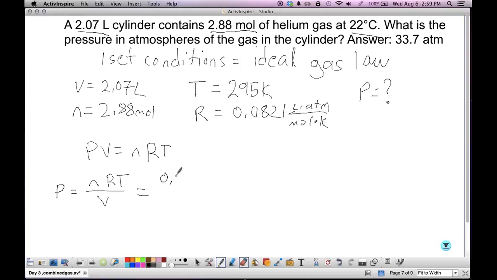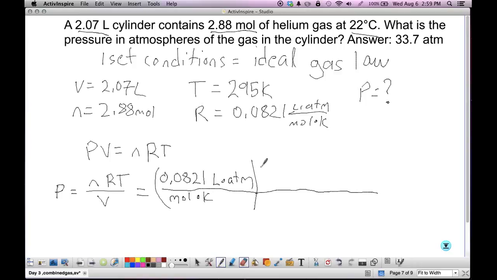So 0.0821 liters times atmospheres all over moles times Kelvin. Okay, and now I can just take my line and extend it.